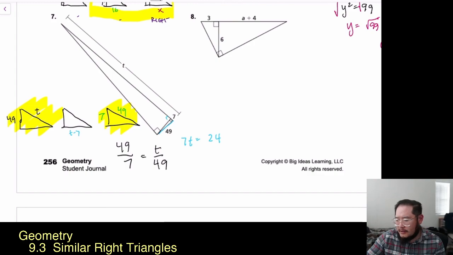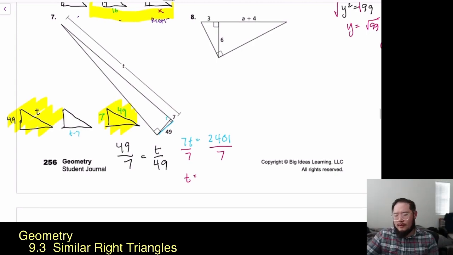So after that, let's go ahead and divide both sides by 7, and t ends up equaling 343. Okay, and there you go.